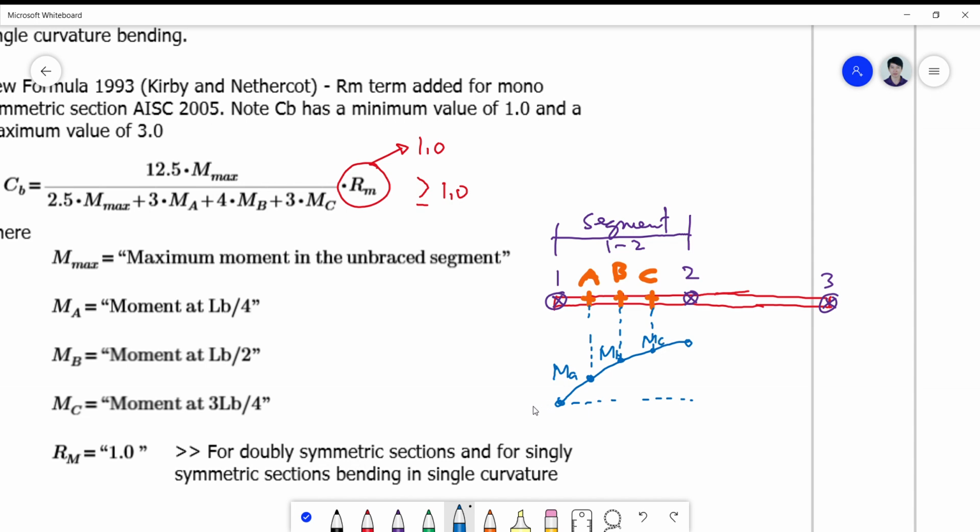Of course, I also have my M1 and M2 as my end moments.